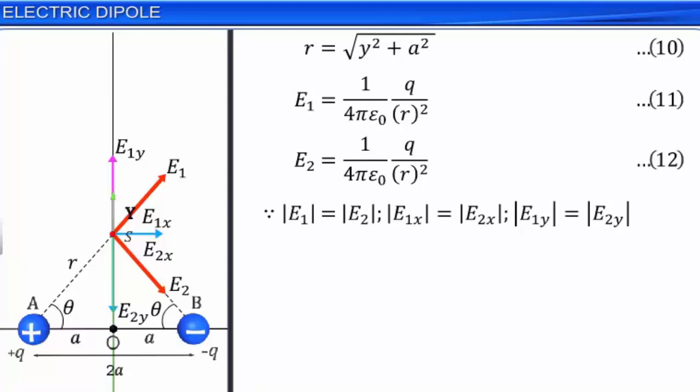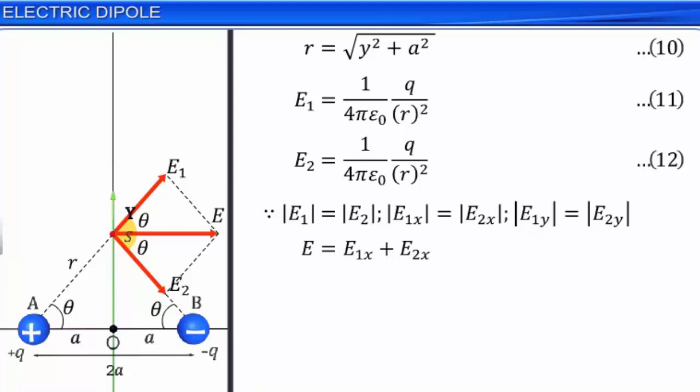Similarly, E1y and E2y are also equal. We also observe that the components E1y and E2y are oppositely directed and hence they cancel each other. Therefore, at the point S, the resultant electric field strength E is equal to E1x plus E2x. Let this be equation 13.